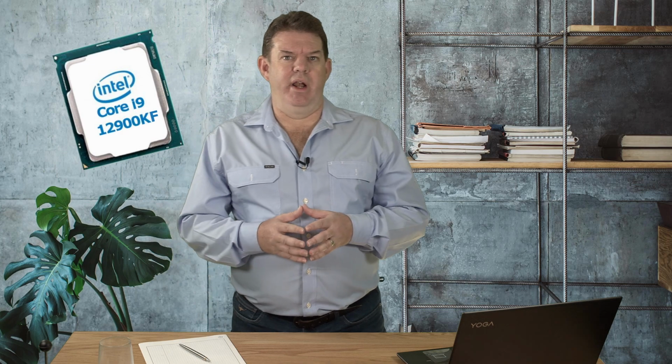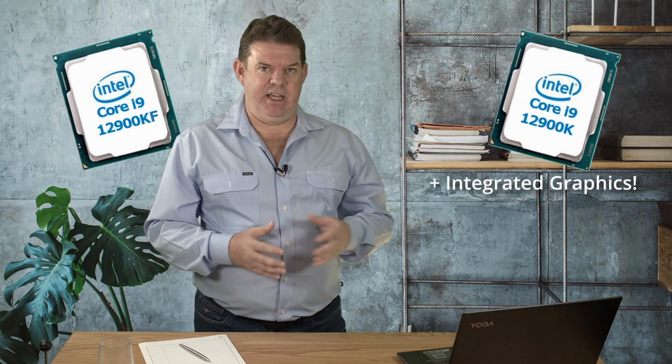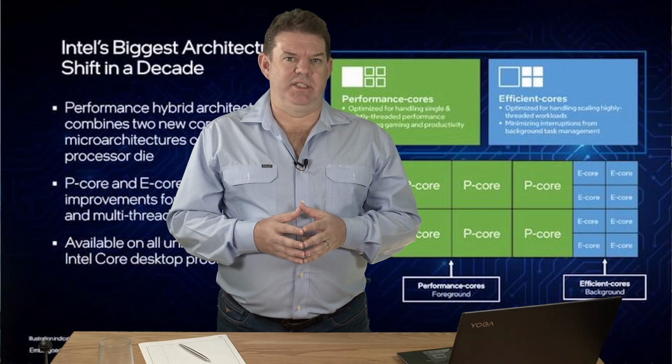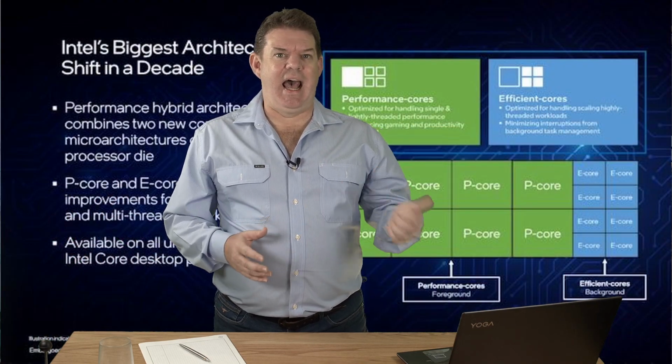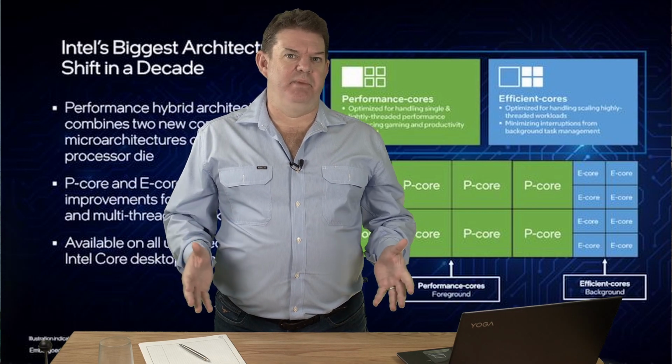Something else to note is the Intel 12900KF variant doesn't have the integrated graphics that the 12900K has. This extra graphics function should allow me to run an extra screen to monitor the resources and free up display ports on the GPU. How best to set up my system to utilize the 8 performance cores and 8 efficiency cores is yet to be determined.